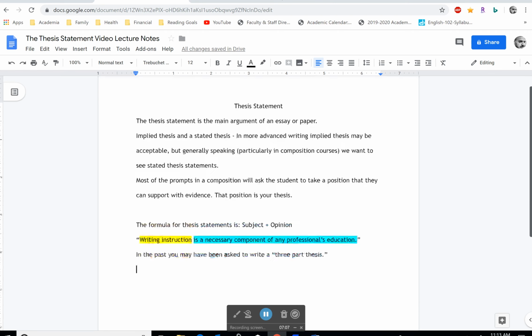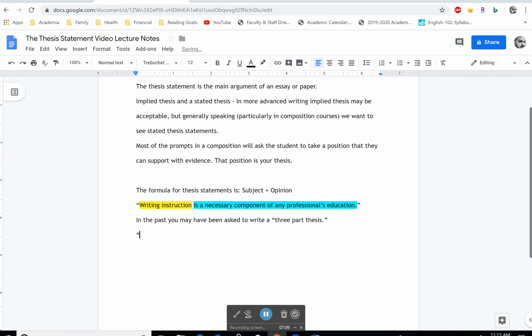And this would be something like: writing instruction is a necessary aspect of a student's education because they will write in their future jobs.